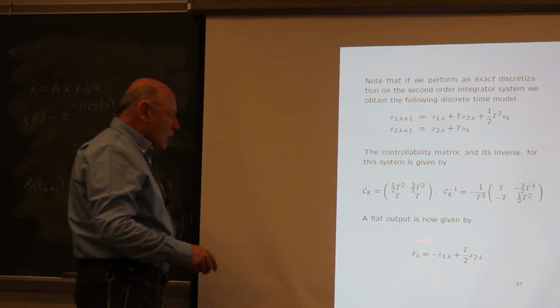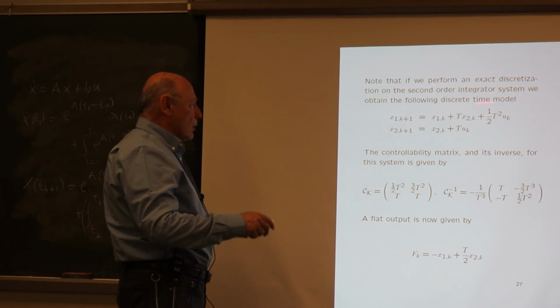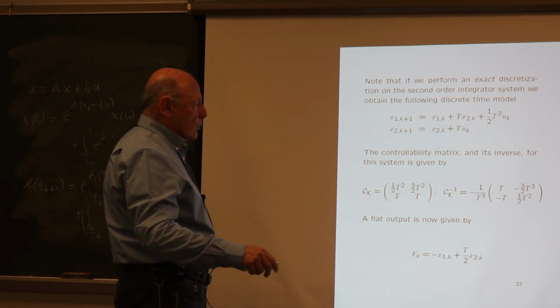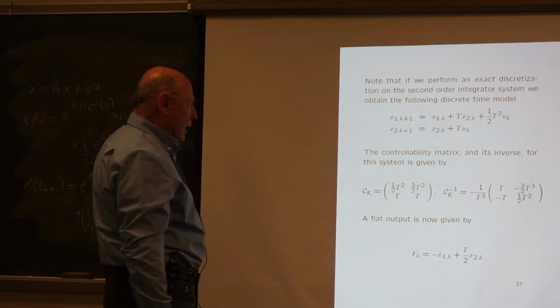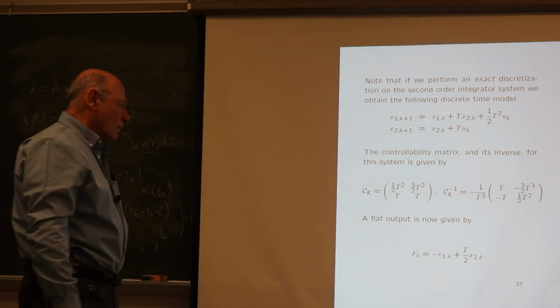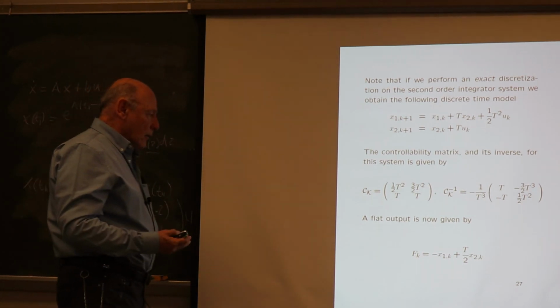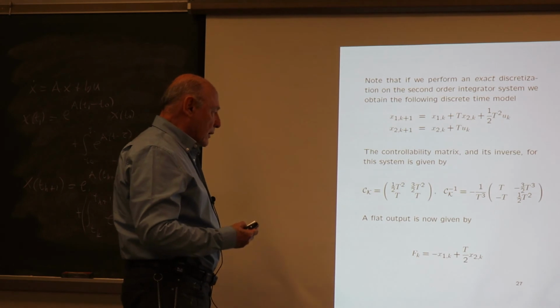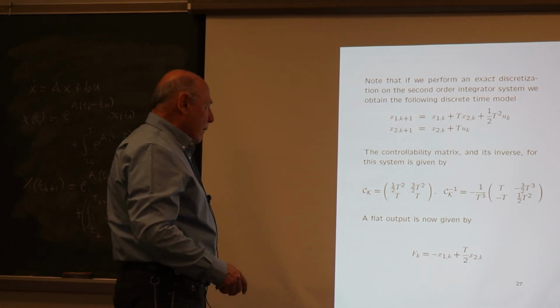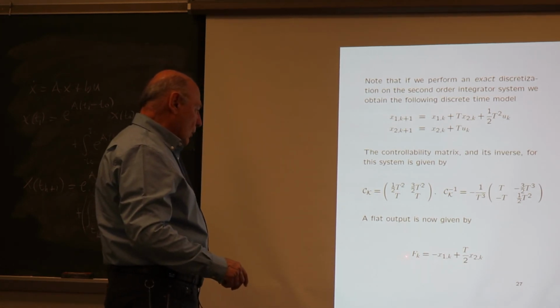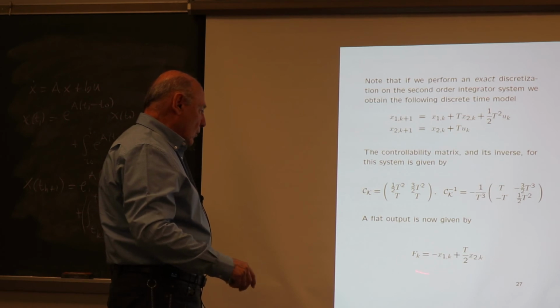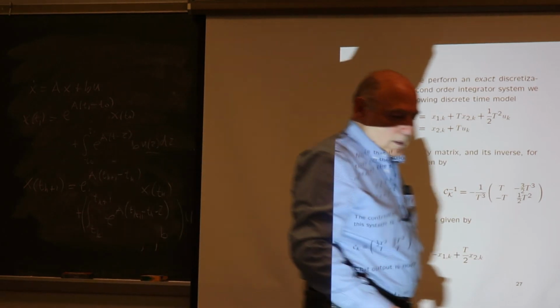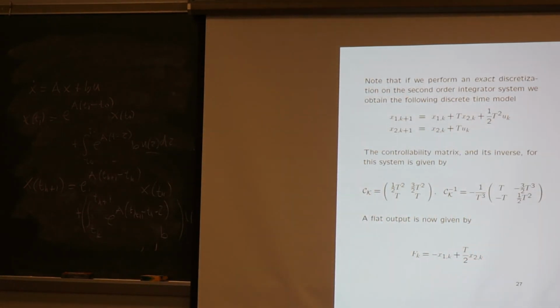So the flat output completely changes its nature when you do an exact discretization or when you do an approximate discretization. The relative degree of the flat output in general doesn't hold, because when you do it from here, the relative degree will not in general hold.